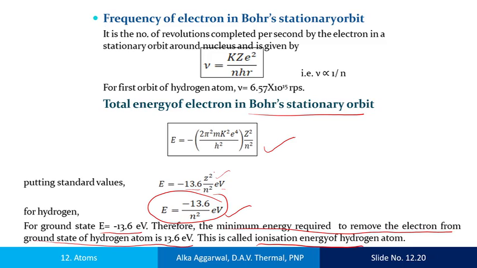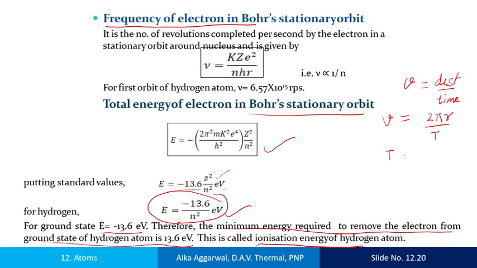Now, how can we find the frequency of the electron in Bohr's orbit? You know very well that velocity is equal to distance upon time. The distance covered in one circle, or one round, by the electron is equal to the circumference of the orbit, and the time is equal to the time period.